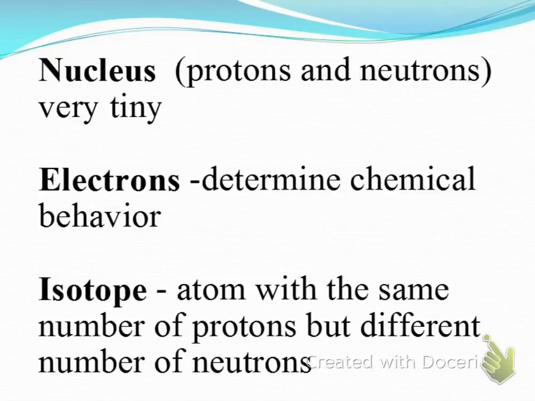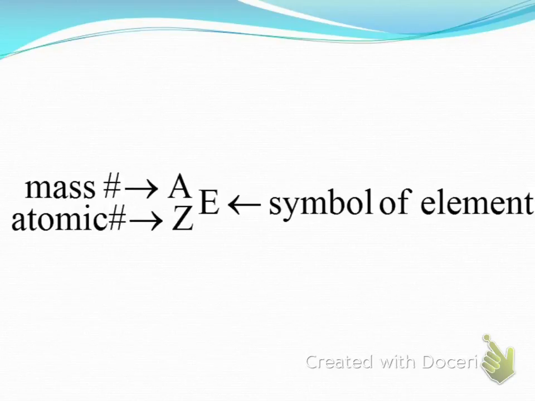Okay. And you already told us what isotopes were. They are atoms with the same number of protons but different number of neutrons. Remember, mass number goes on top. That's your protons plus your neutrons. Atomic number goes on the bottom, which is your number of protons. Okay, which is also how we identify an element. We always identify it by its number of protons.